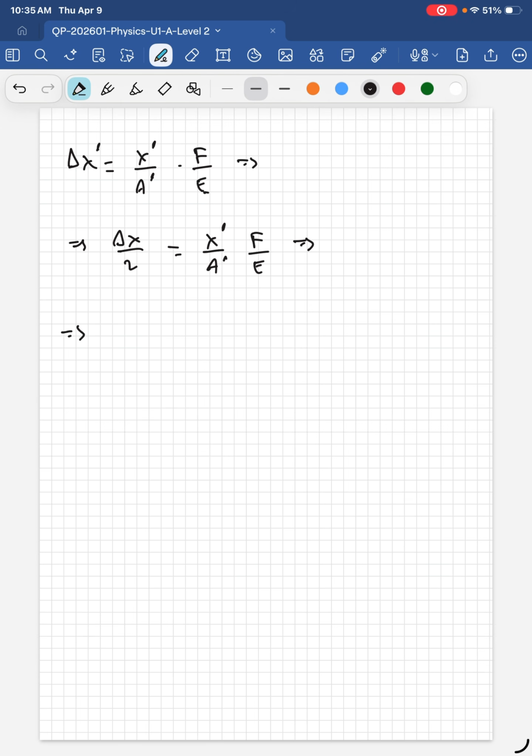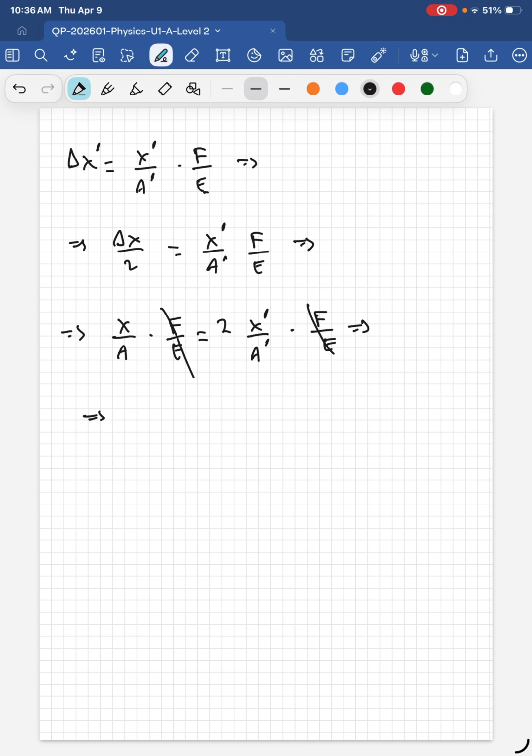So we have, let me think, what am I trying to do? So X over A times force over the Young's modulus is equal, I'm taking the 2 to the other side, 2 times X prime over A prime times force over the Young's modulus, and this cancels.